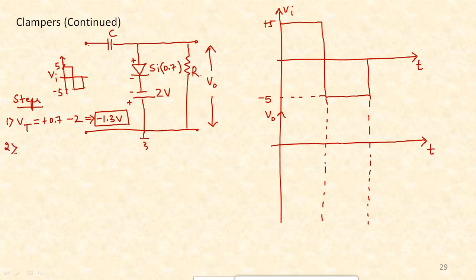Then the second step is to check what happens to the status of the diode during the positive half cycle, during the positive half of input Vi.